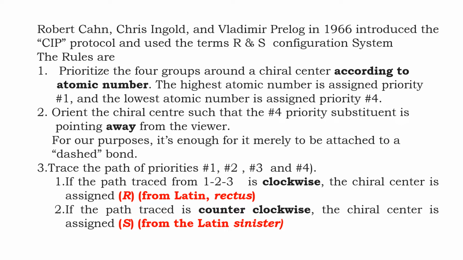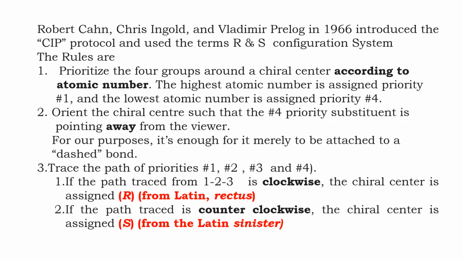And we know for any enantiomer, there should be an asymmetric carbon atom. Asymmetric carbon atoms are carbon atoms in which all four substituents or four valencies are different atoms or groups of atoms.